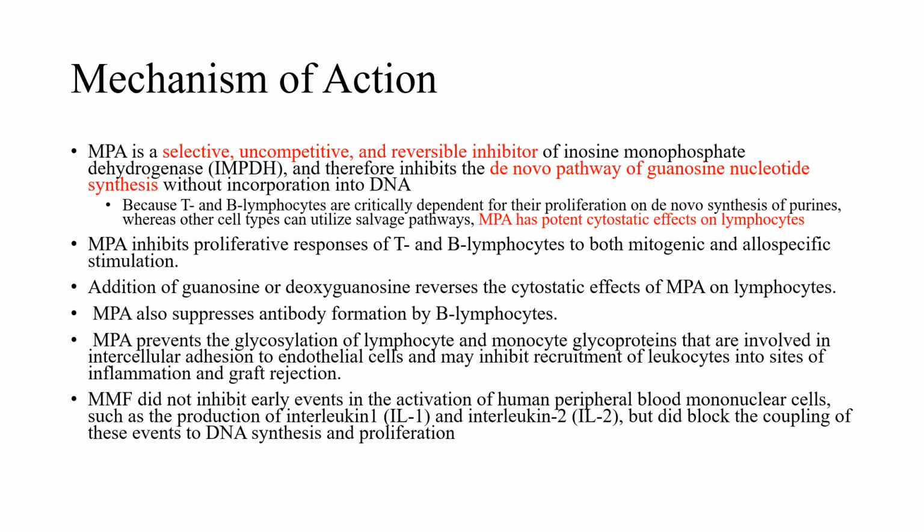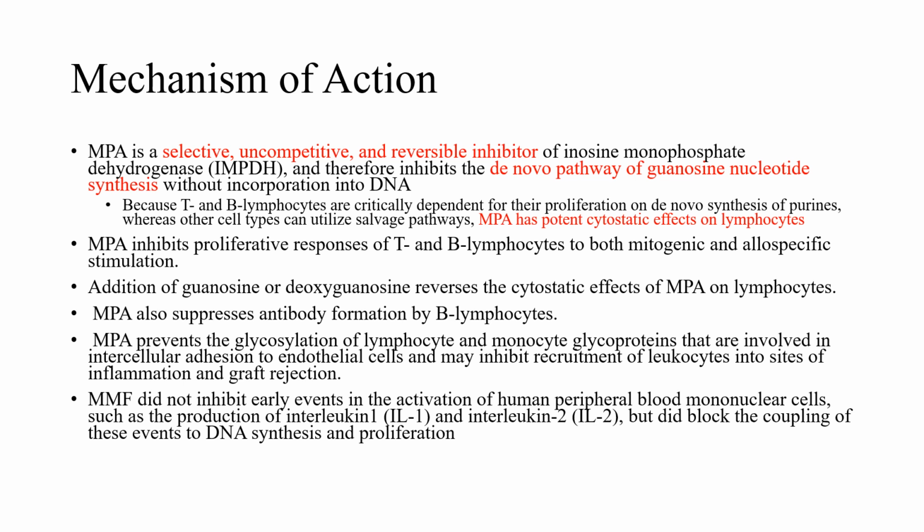B cells and T cell lymphocytes of our body are dependent on this pathway for their multiplication, for their DNA multiplication, whereas other cell types have other salvage pathways. So when you give mycophenolic acid, it causes a cytostatic effect on both B and T lymphocytes, and it inhibits the proliferative response of T and B lymphocytes to both mitogenic and allospecific stimulation.